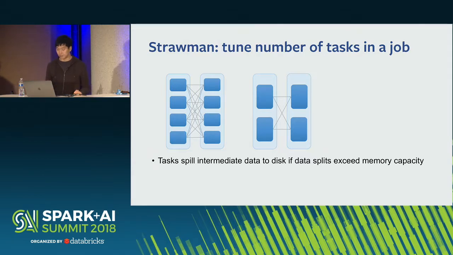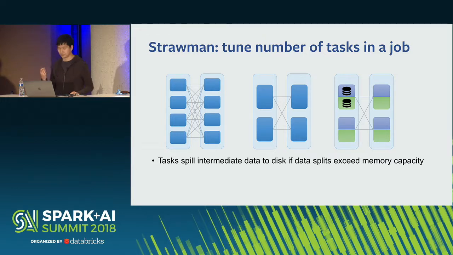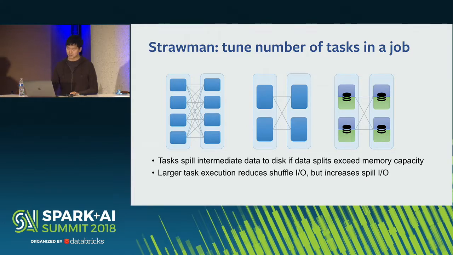So assuming that by increasing the amount of data that you're processing in each task, you induce more spills, then although we reduce the shuffle I/O, the spills, which I indicate here with these two disk animations, are increasing, and that's across all of the tasks. So to summarize, executing with larger tasks reduces the shuffle I/O, but it ends up increasing the spill I/O.